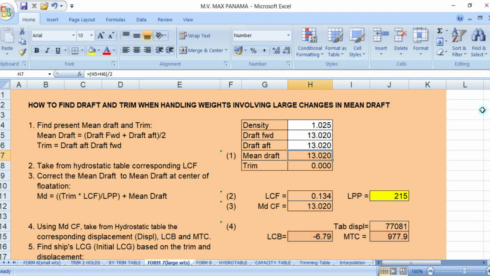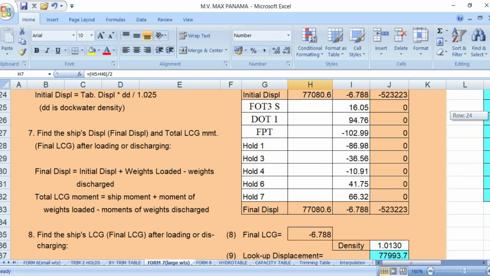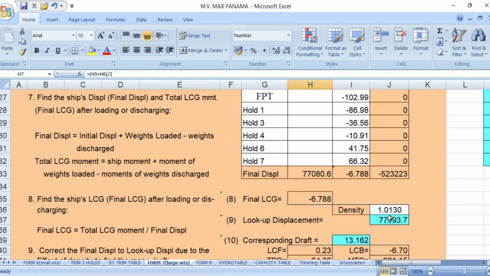And what will be his draft when his density is 1.012? With 1.012, his displacement would be 78070, and his draft would be 13.174.